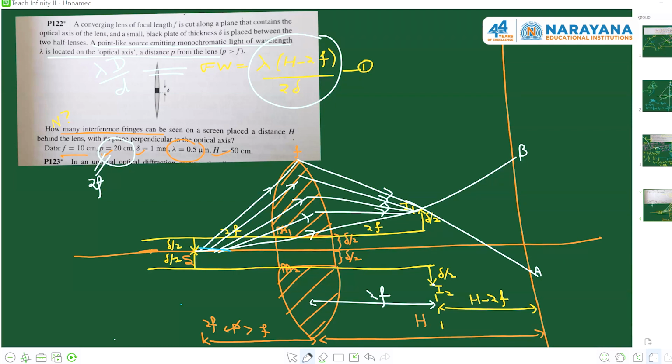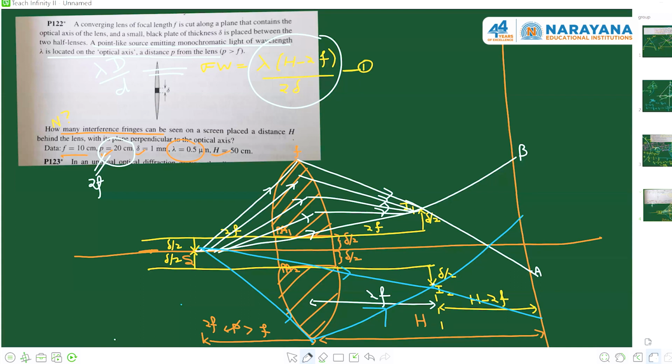So from here, I can show one of the rays like this, which will keep on moving further. And the last one, which comes like this, will hit it and reach a common point. So by symmetry, this will come like this, it will go like this, it will come here. Somewhat like this.